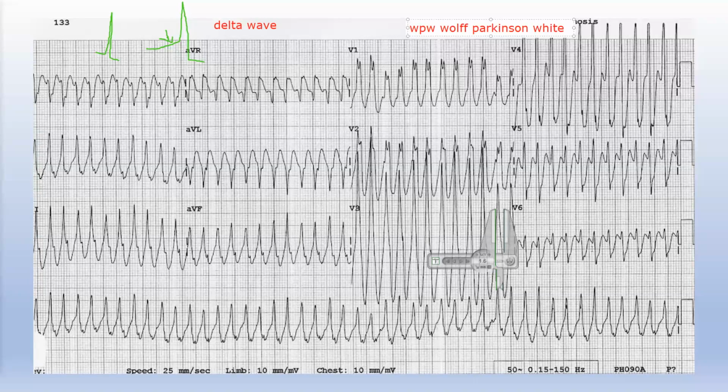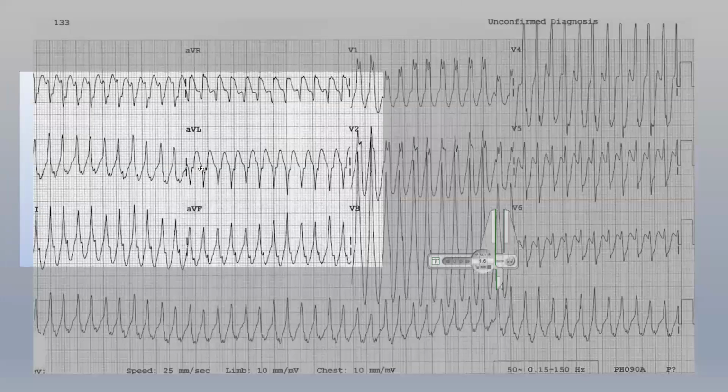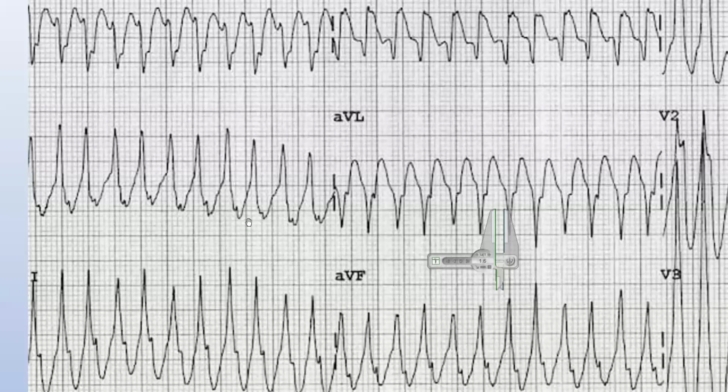So let's find out if there's a delta wave over here. Now, I'm going to clear all my drawings, exit, and I'm now going to zoom in. Okay. Do you identify a delta wave in this ECG?